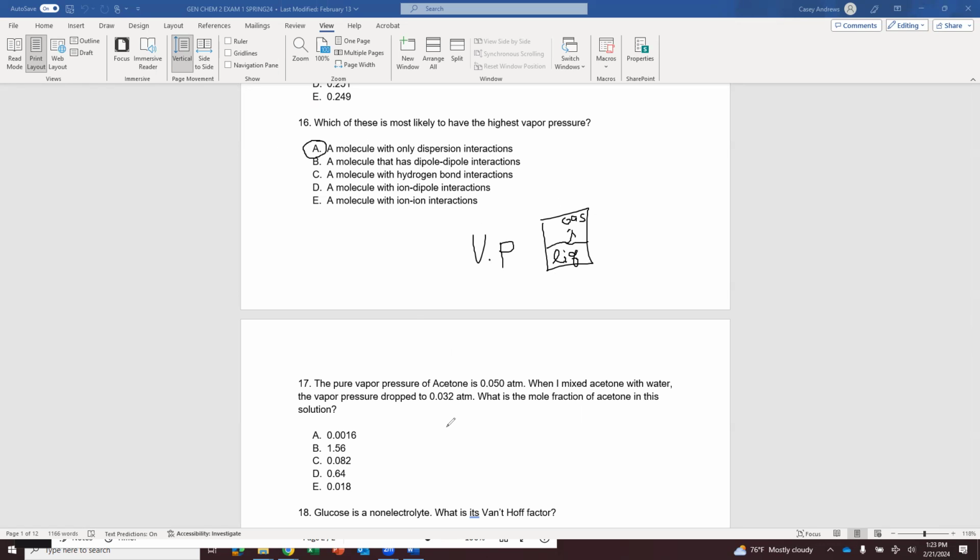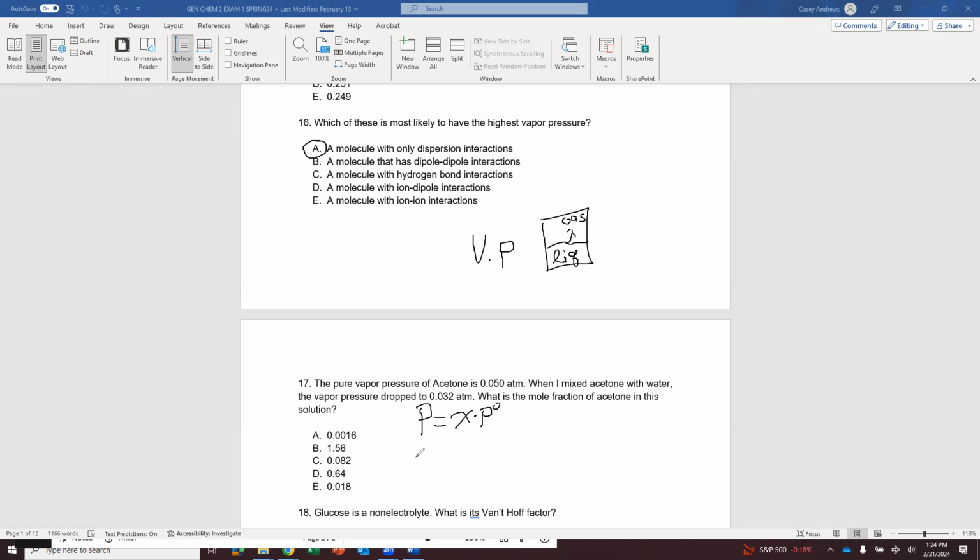All right, 17. The pure vapor pressure of acetone is 0.050. When I mix acetone with water, the vapor pressure dropped to 0.032. What's the mole fraction of acetone in the solution? All right, so this is another colligative property problem. The pressure of the solution is equal to the mole fraction multiplied by the pure pressure.